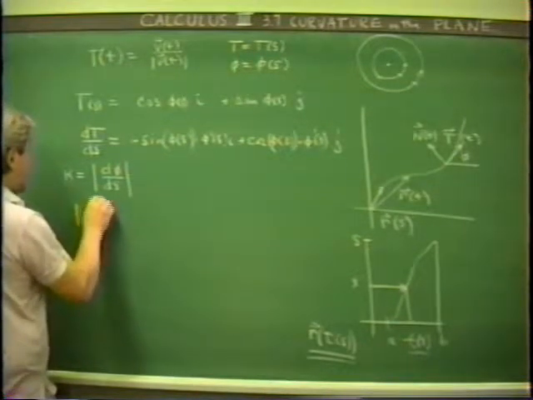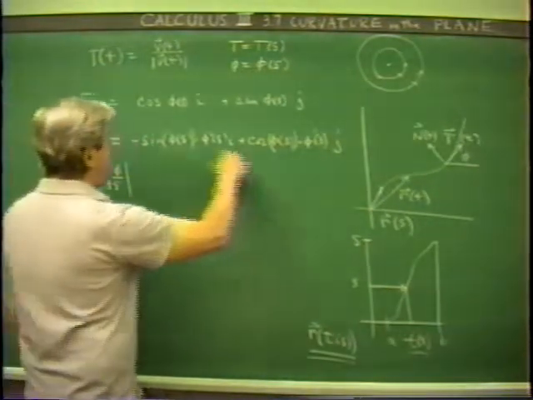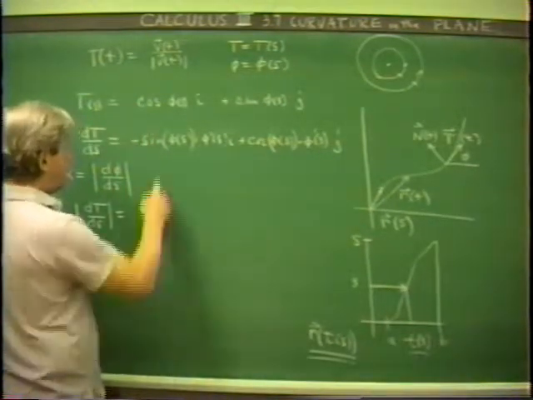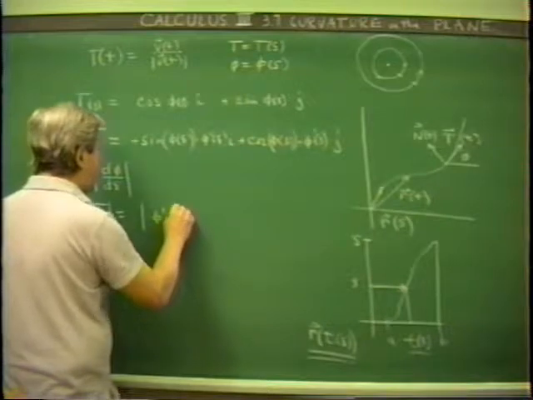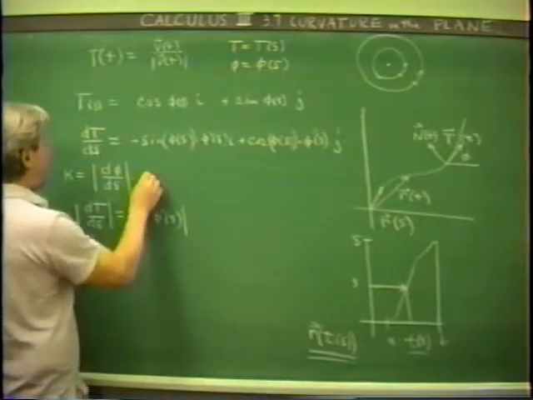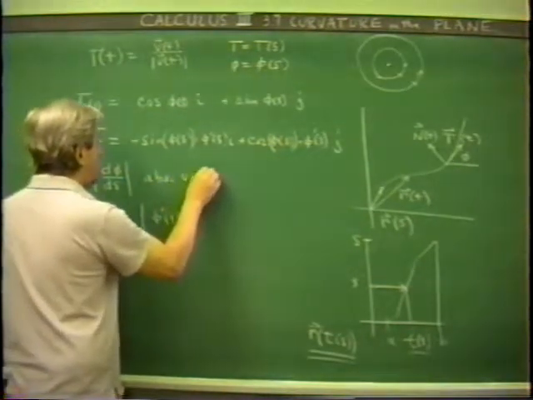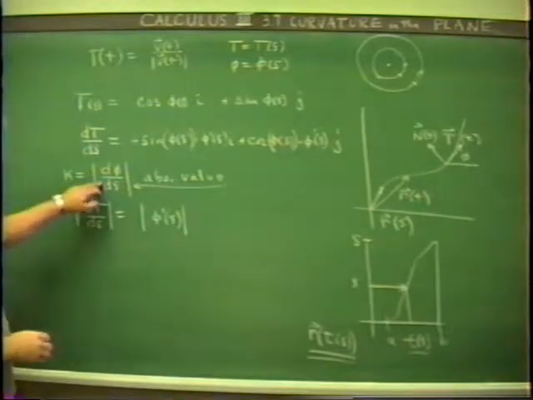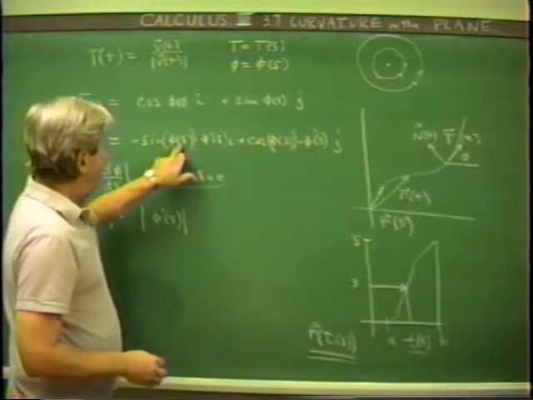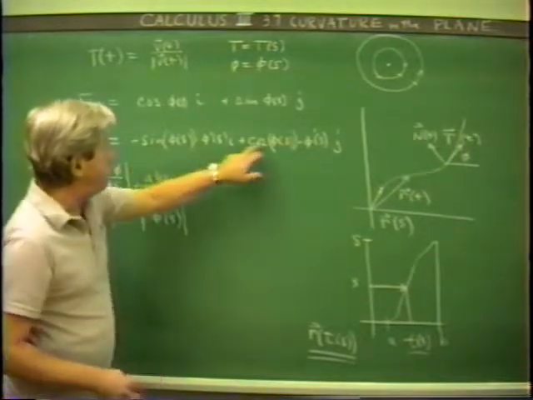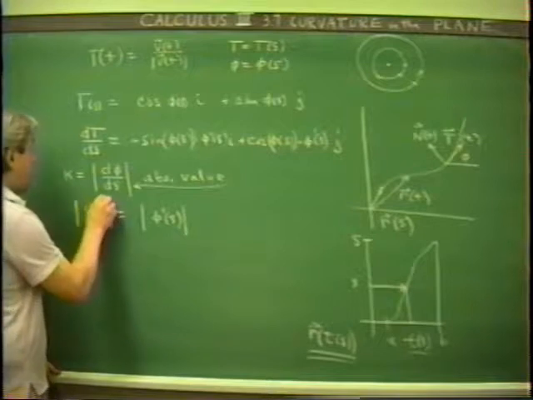If we take the magnitude of both sides here, we find that the magnitude of dT ds is equal to the absolute value of phi prime of s, the curvature, the rate of change of phi with respect to s, times the magnitude of cosine phi i plus sine phi j, which is going to be 1.